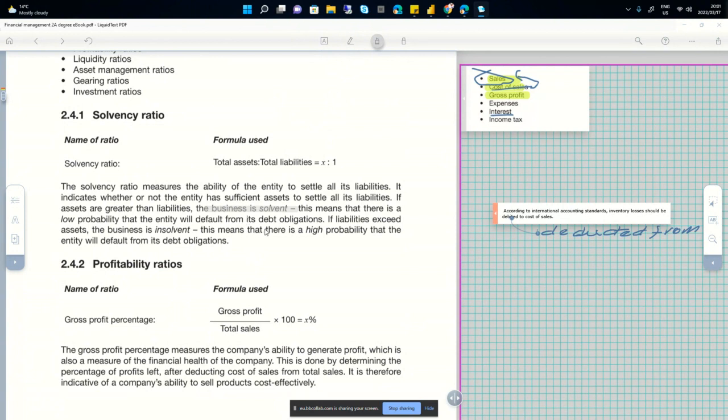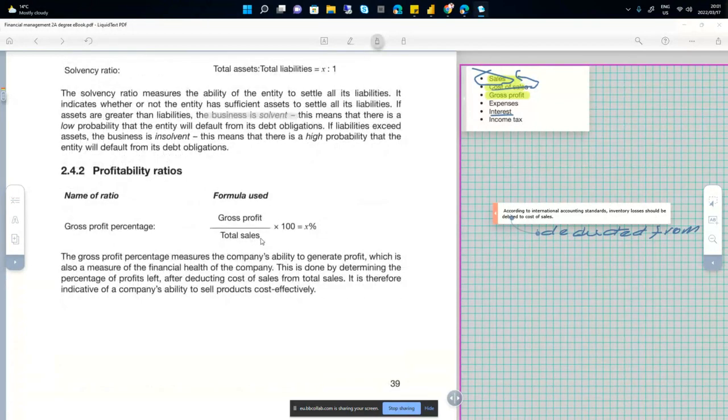Not the best of things. You might lose quite a lot of your assets, your cars, or buildings, or property could be used as collateral. A business is considered insolvent when the liabilities exceed the assets.